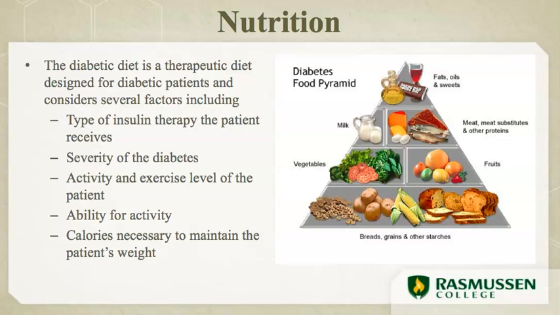A diabetic diet is a therapeutic diet designed for diabetic patients and considers several factors, including the type of insulin therapy that the patient does receive, the severity of their diabetes, their activity level as well as their exercise level, ability for activity, and the calories that they need in order to maintain a healthy weight.